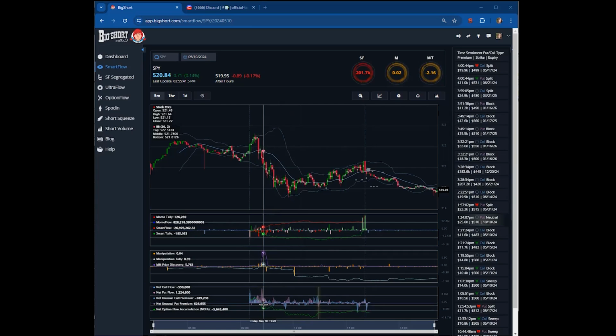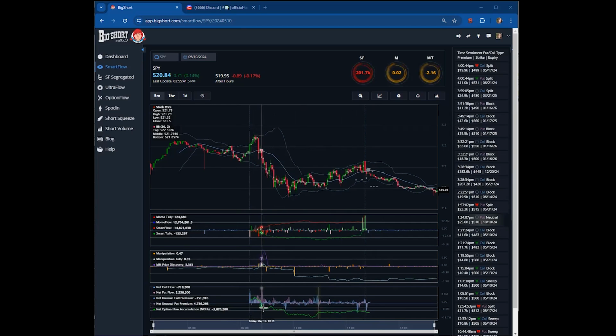So a contract that was bought for 10 cents counts as the same volume as a contract that was bought for $10. Whereas with Net Option Flow, we weigh the latter 1,000 times more heavily because there's 1,000 times more dollars flowing into that position. And we're also taking the net of all option positions, so we are deducting buys and sells from each other. So that's what Net Option Flow is.